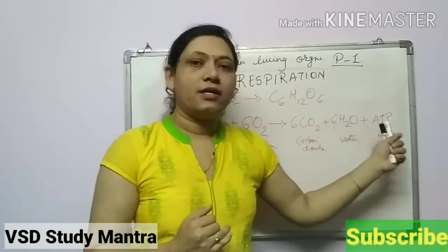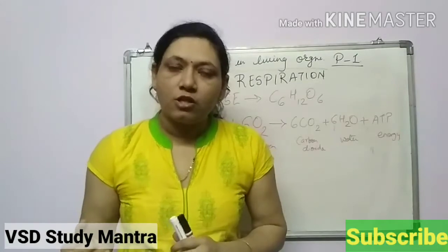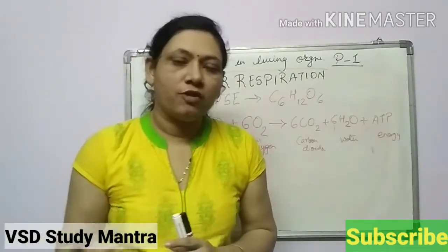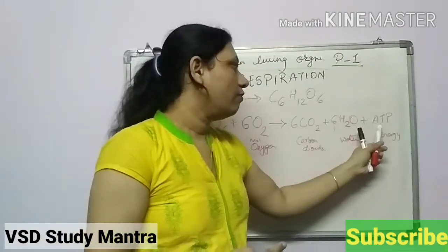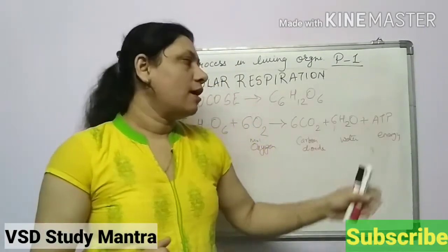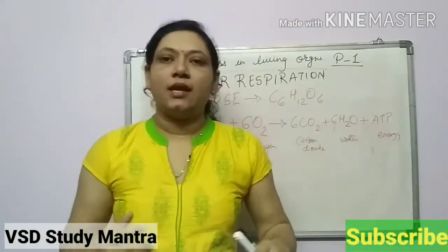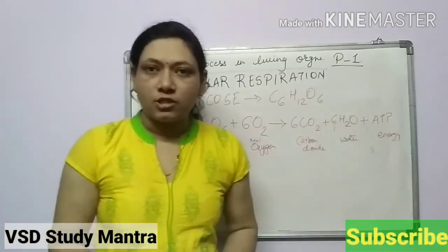That is why it is called triphosphate. There is ADP also, which has diphosphate, 2 groups of phosphate. But here we get triphosphate. It is a sort of energy which is released after the glucose is reacted with oxygen.